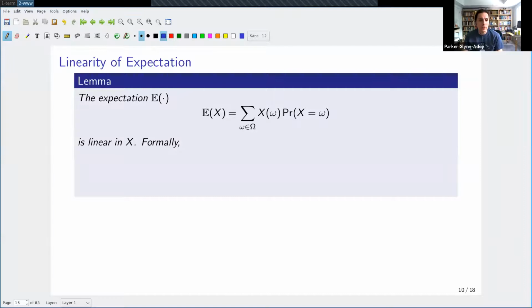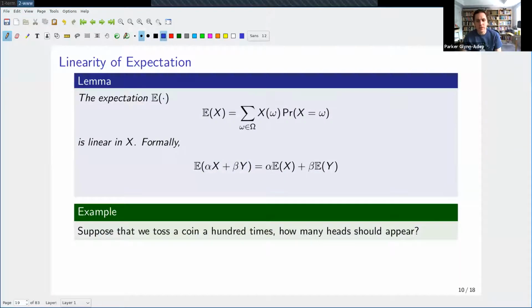What this means formally is that if we had a pair of random variables, x and y, we could split this up and just add the expectation of x plus the expectation of y. So we can decompose stuff in here into simpler parts. Very, very helpful tool.